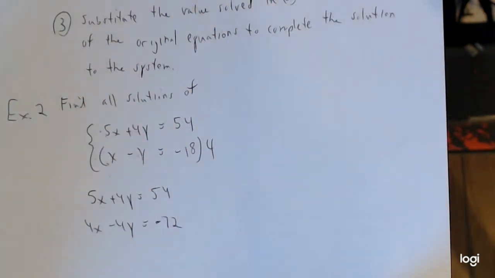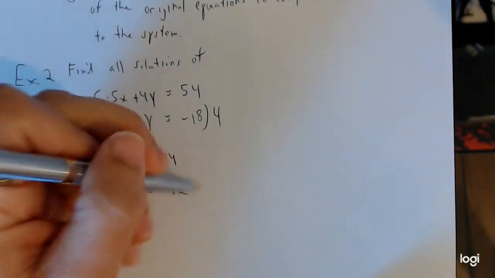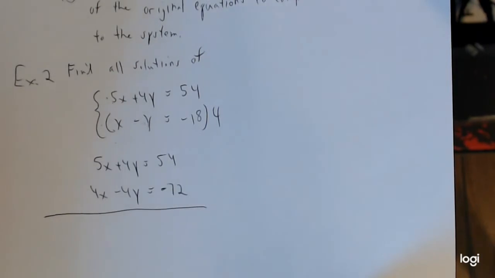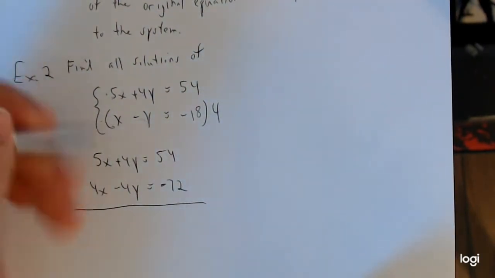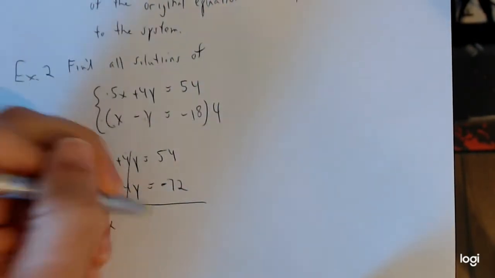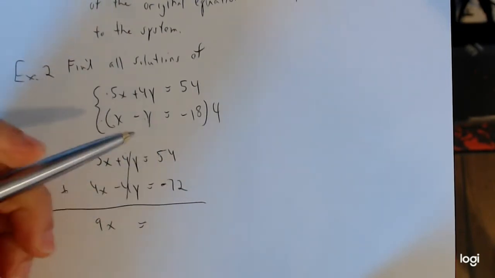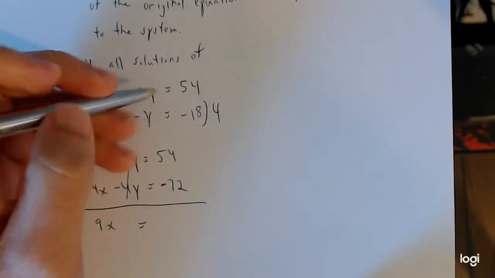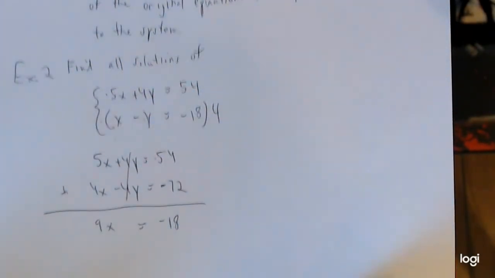Negative 72. Now that I notice that these two y's are exact opposites, what do I want to do? From step 2, what were we saying? Combine the two equations. So if I add them, what do I get? I get 9x, those cancel out, the y's go away, equals, and what's 54 minus 72? That's going to be negative 18.